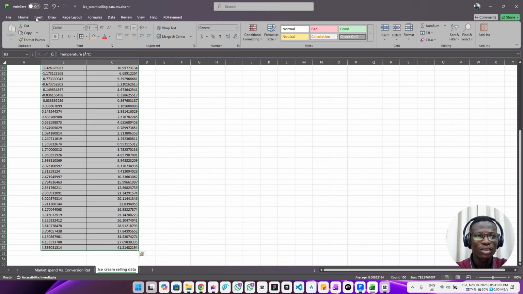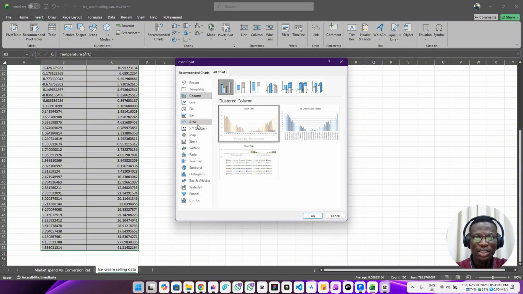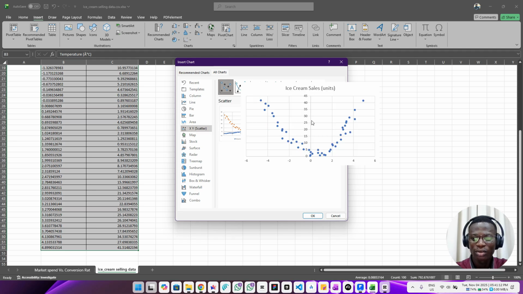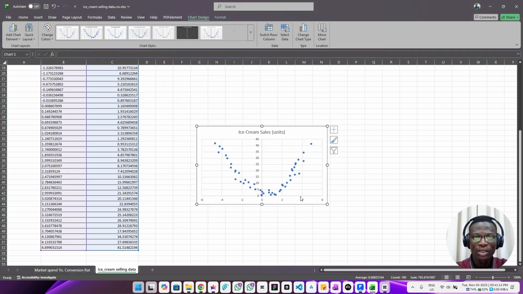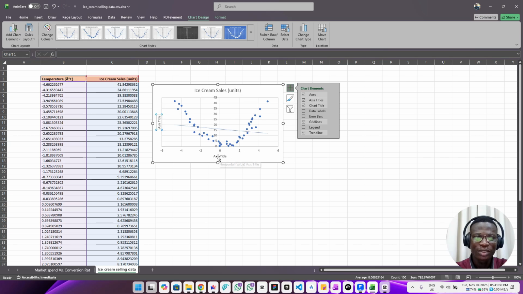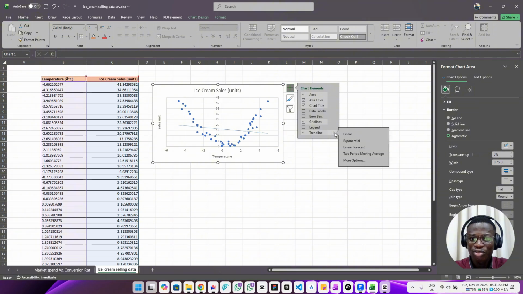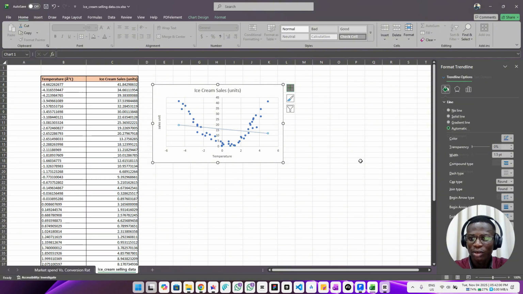It's in scatter: insert, recommended chart, scatter, and then we choose this one. If we add our trend line, you can see it is very, very bad.